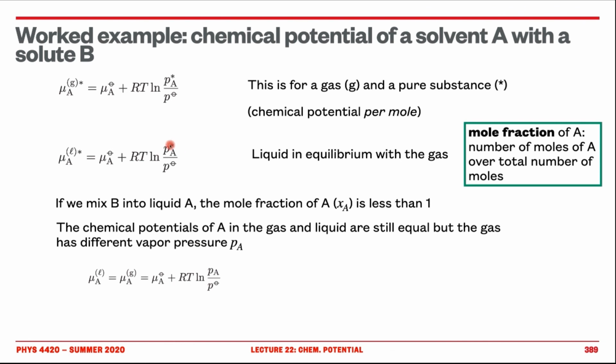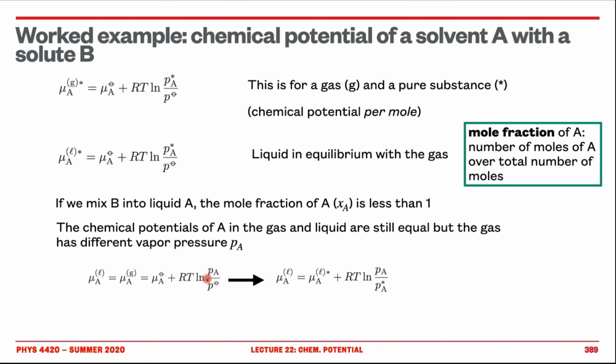We dropped the asterisk since we no longer have a pure substance. So we can write this, and we know we are in equilibrium between the liquid phase and the gas phase. And of course, that means that by substituting, we can substitute this term by mu AL star minus RT ln PA star over P phi. We can substitute that here.